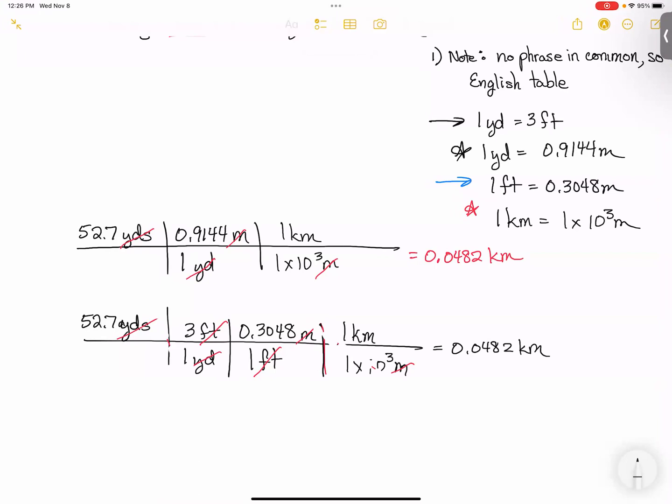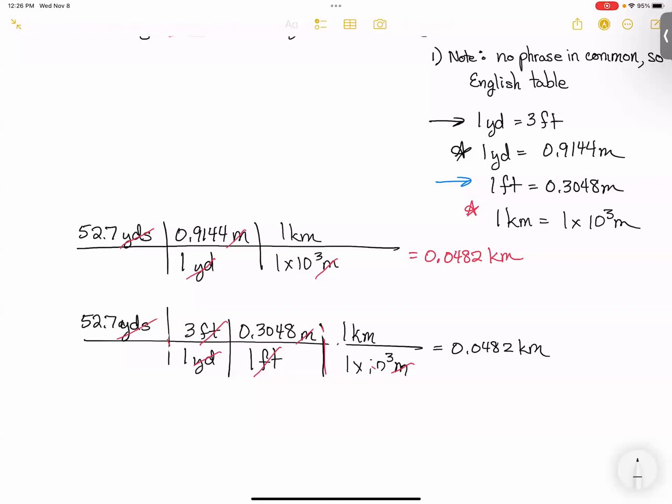What about the units? They have to cancel out. I have to have whatever's here in the next one, so it will go away.